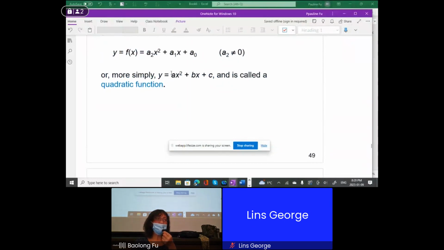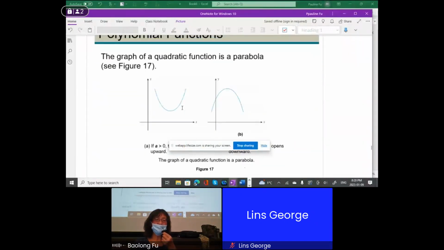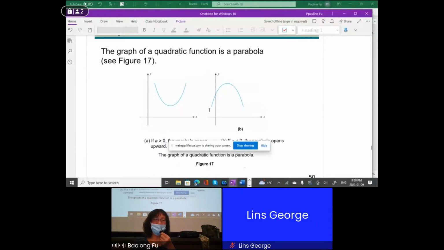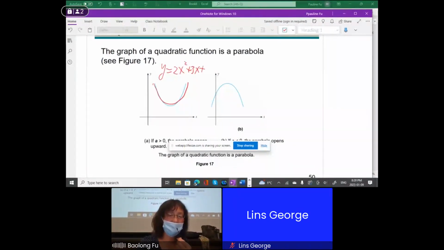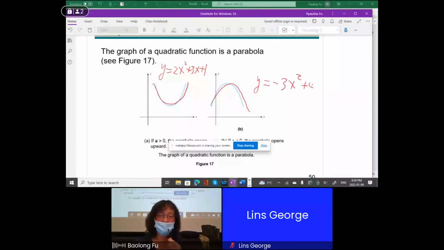If this a is greater than 0, you get upward. If a is smaller than 0, you get downward. Okay. An example of upward could be y equal to 2x squared plus 3x plus 1, just for example. And an example of downward could be y equal to negative 3x squared plus 4x plus 5, just for example. So when a is smaller than 0, downwards; this one greater than 0, upwards. Okay.